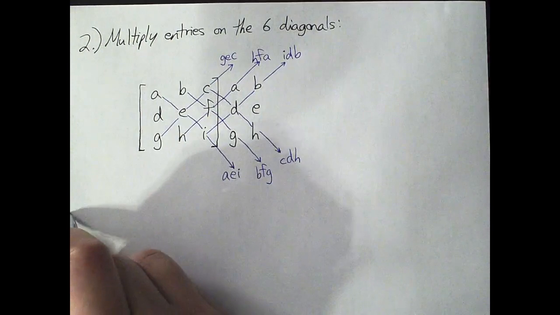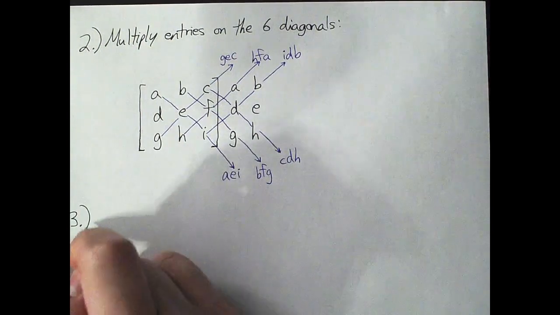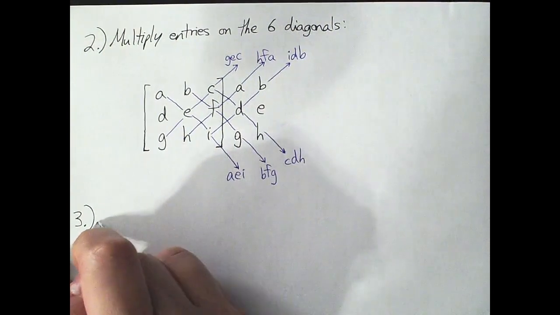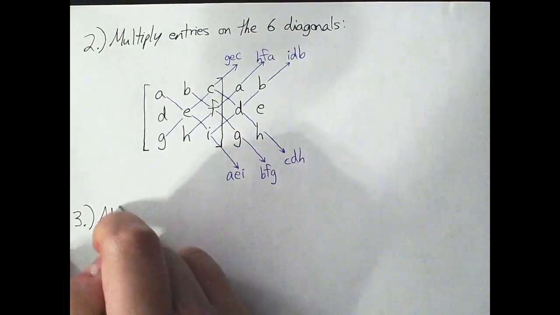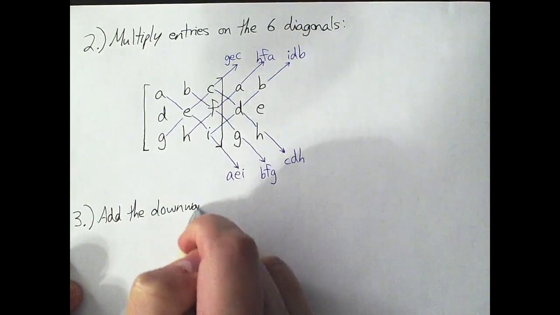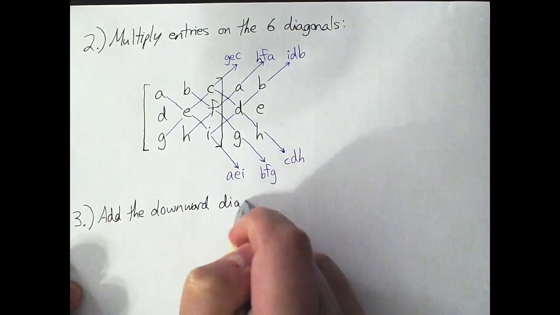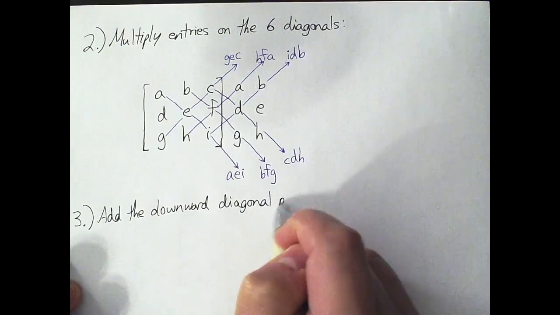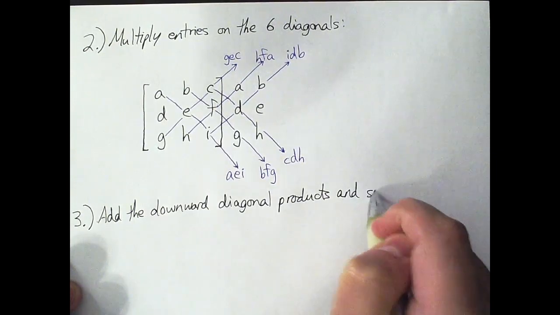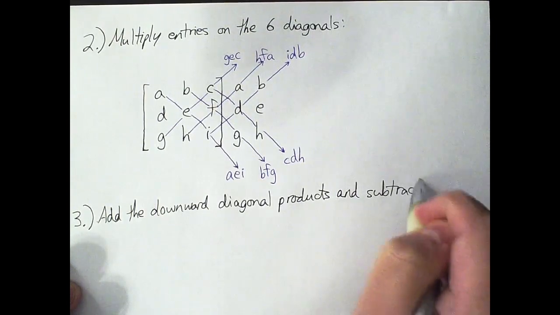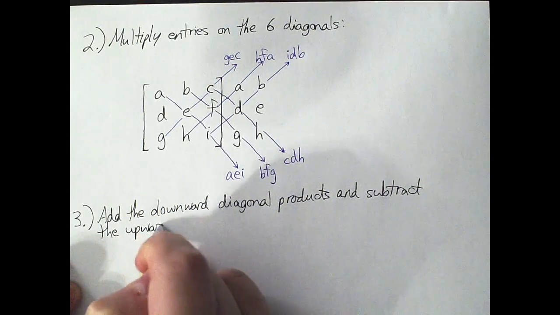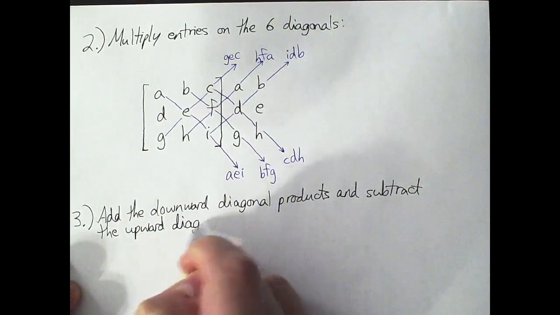I said this was going to be a 3-step process. All right. Step 3. This has to get us the determinant because we're on the last step. Add the downward diagonal products and subtract the upward diagonal products.